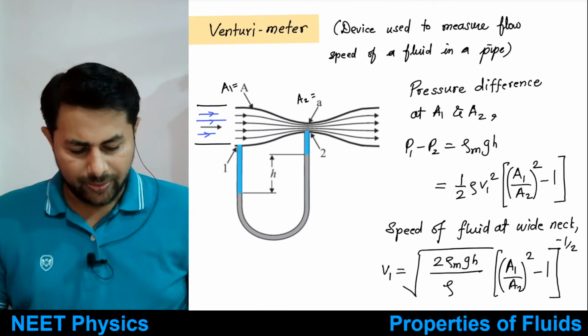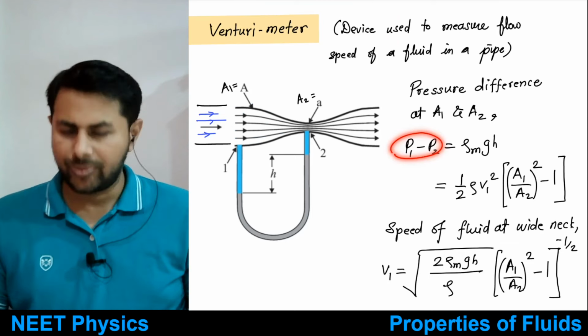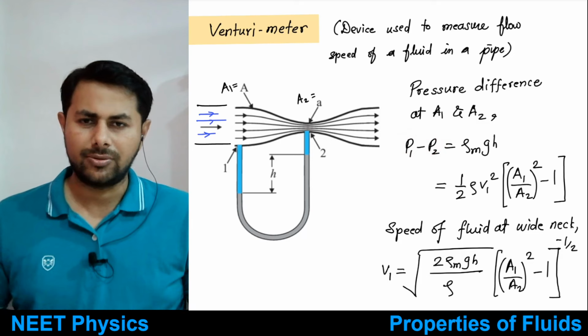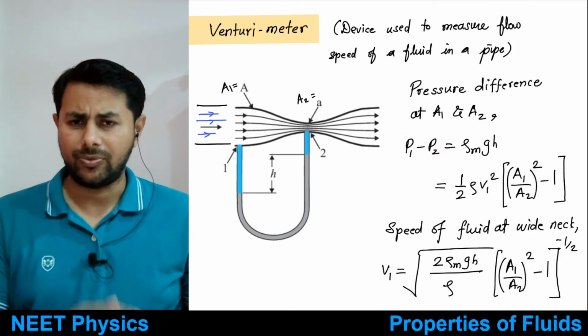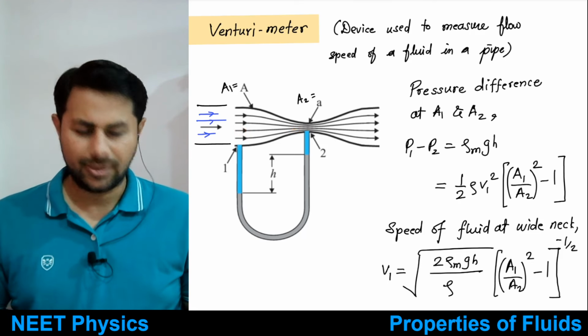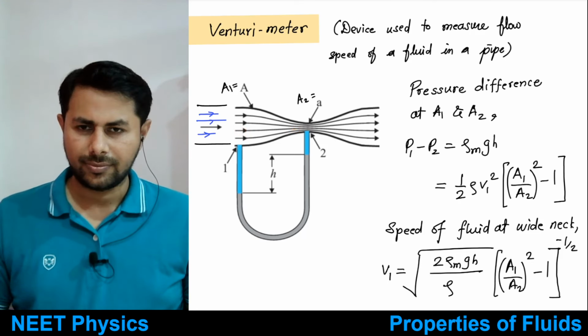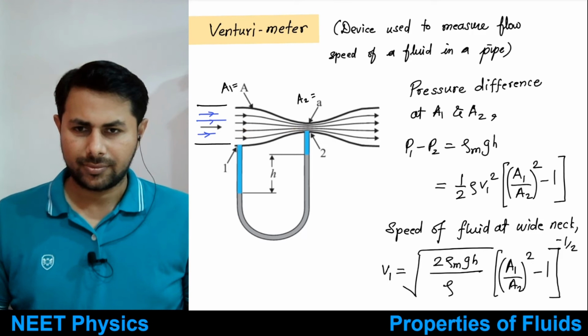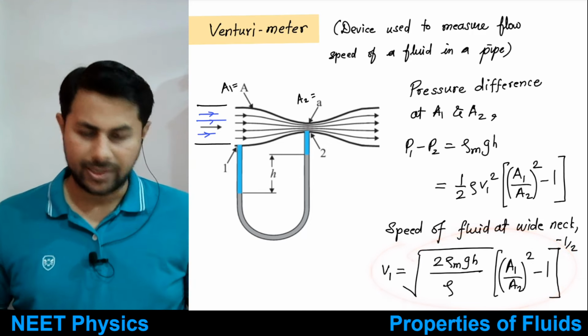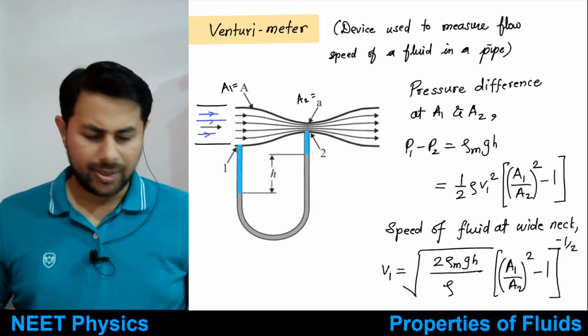Therefore, the pressure difference would be just equal to the difference in kinetic energy per unit volume at those two places. Is this clear? Yes, no? Because the height is the same, we can derive this formula.